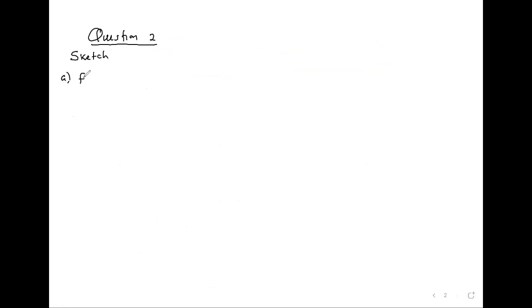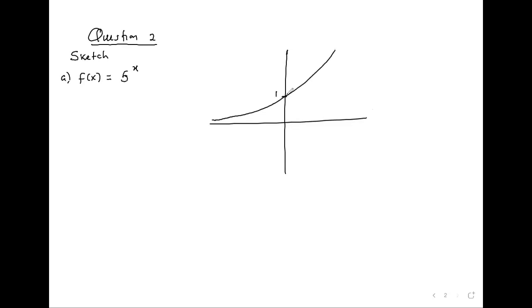A, f of x is equal to 5 to the power x. Pay attention when it comes to sketches. If you have forgotten the family shape, when I say family, I mean this. That day we said we have these shapes where you have this crossing at 1. This is a to the power x.